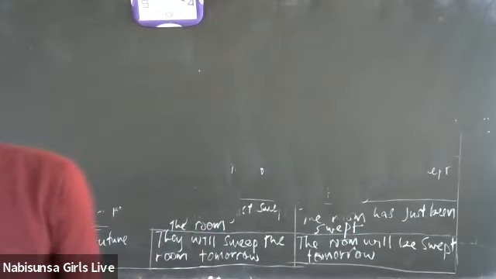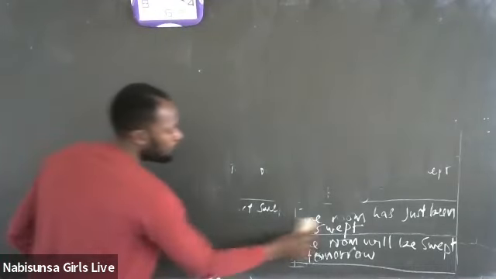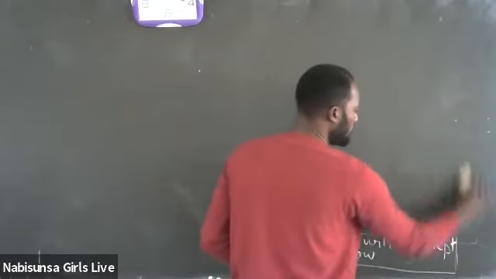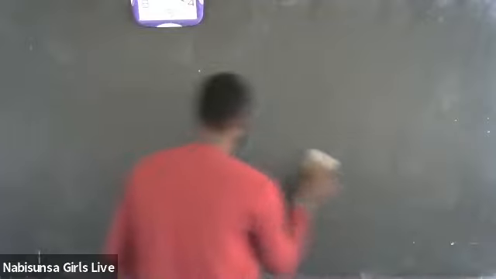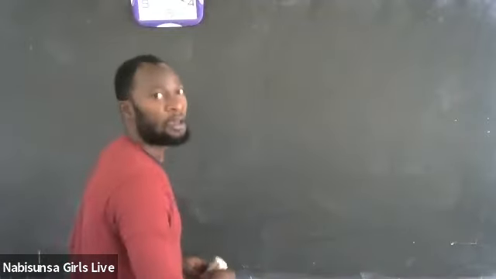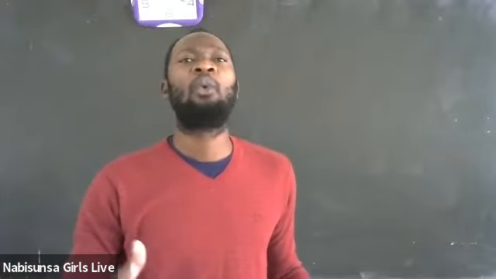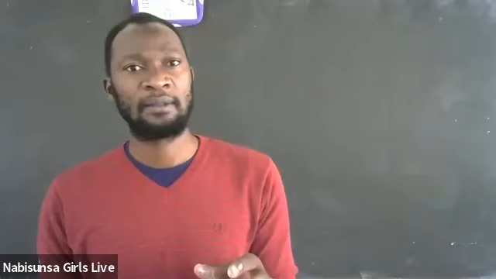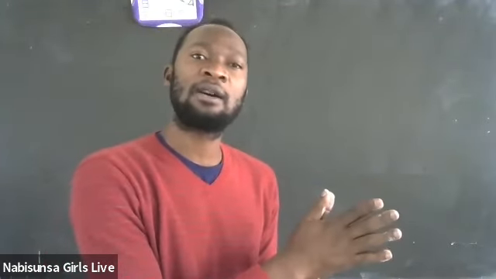Teacher, I was asking, if they give us an example of, let's say, Sarah is watering the plants, then if I say the plants are being watered, would it still be correct without mentioning the name Sarah? Yes, it will still be correct. Why? We are only interested in the action. Sarah is watering the plants or the flowers.